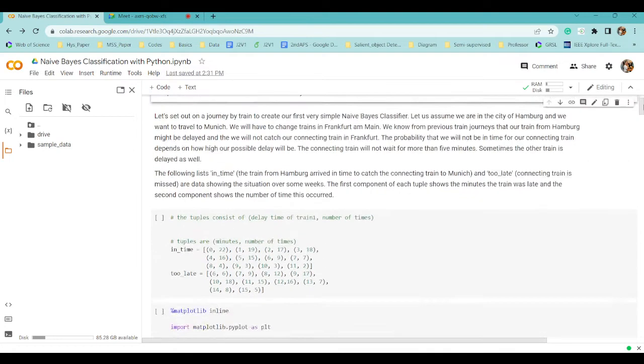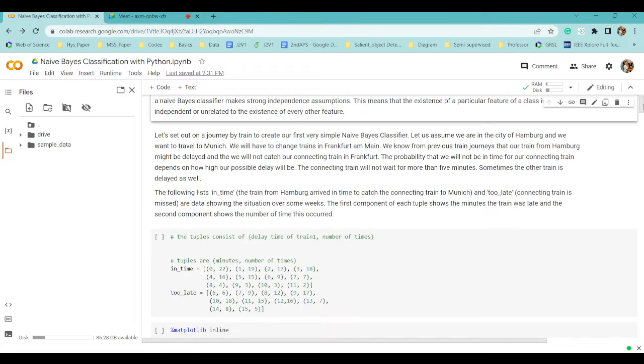Think about it: you are traveling by train, and to reach from one destination to another there is a connecting train, which means you have to take another train. So your first train should arrive on time, before your second train leaves the platform, right? This is the example of a city in Hamburg, Germany.